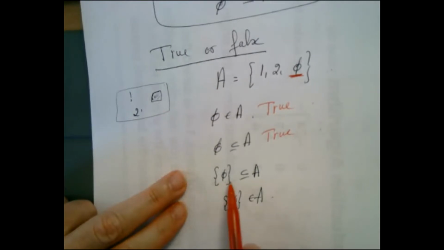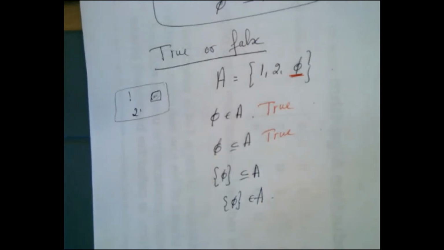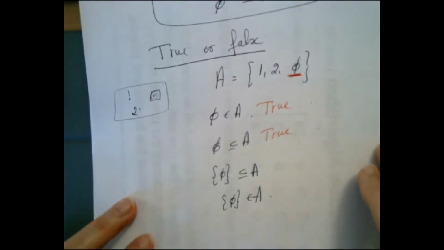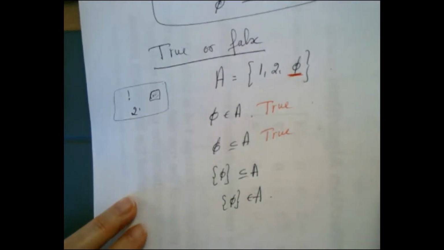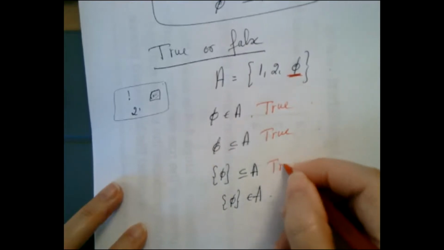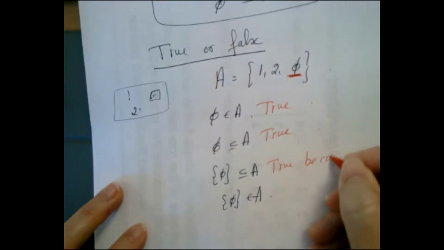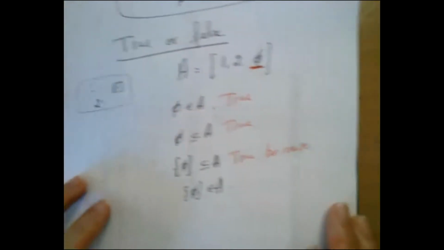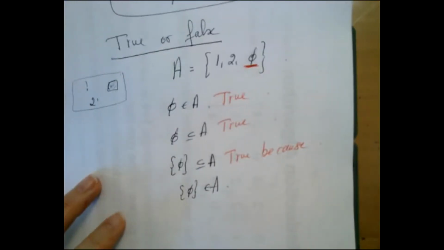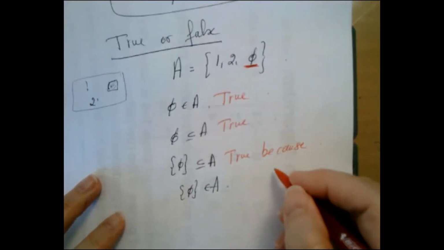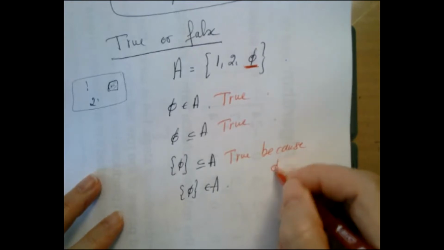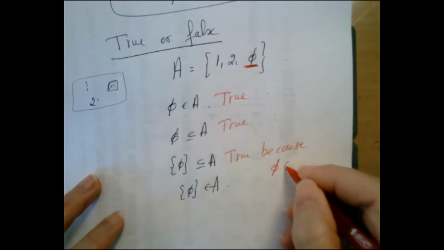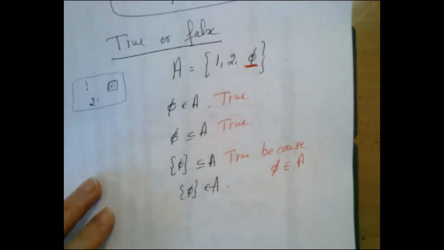Is the set that consists of the empty set a subset of A? True or false? Tim, can you answer, if you don't mind? Yeah, it's true, because the empty set is in A. It's an element of A, to be very precise.